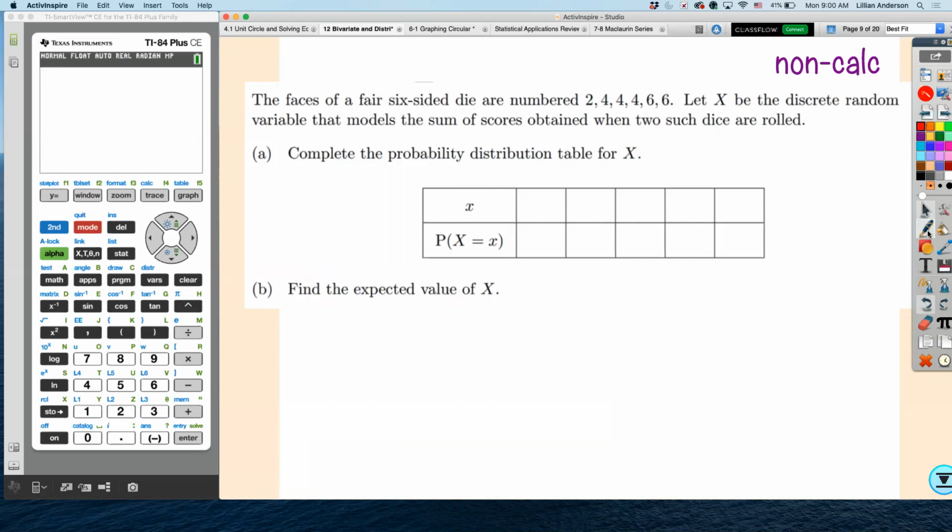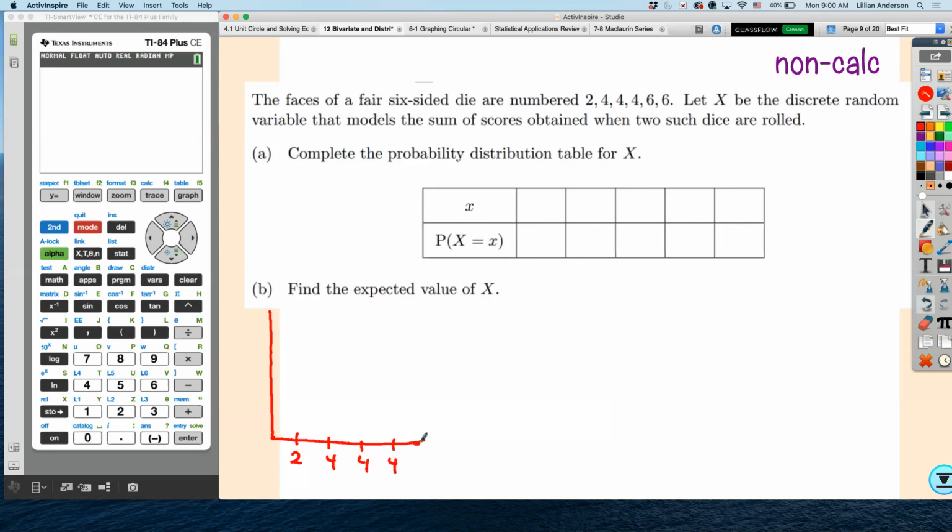Well, this is a fair six-sided die that has these different numbers. And then my random variable is supposed to represent the sum obtained between the two. For me to visually see this, I am going to make a sample space.